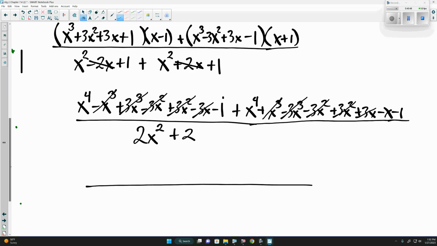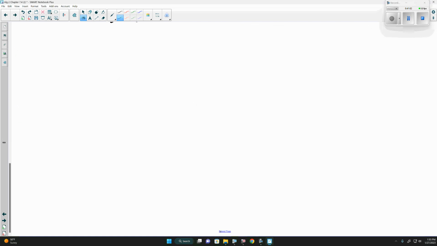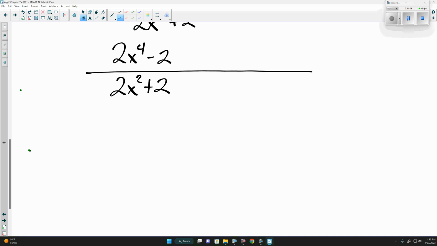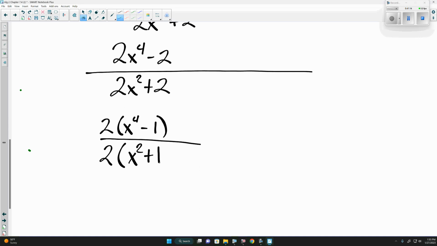Yeah, there should be a plus x here, and plus x and plus x cancel, leaving us with 2x to the fourth minus 2 over 2x squared plus 2, which here we can factor the 2 out: x to the fourth minus 1 over 2 times x squared plus 1.